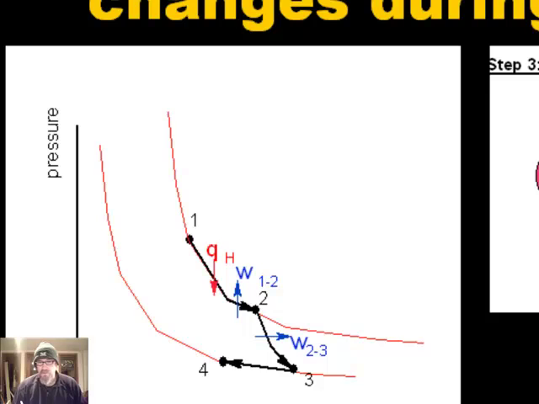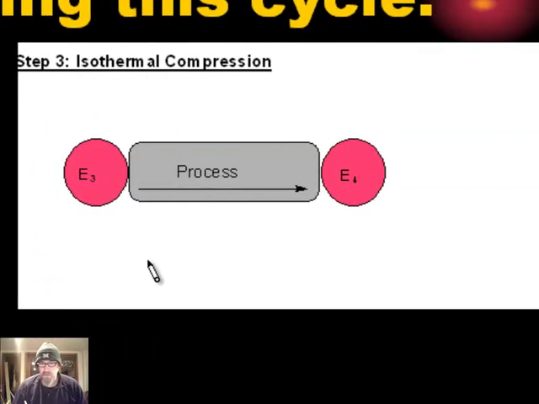Well, the next step is an isothermal compression. In an isothermal compression, work is done on the gas, so that means we have a work input to the system, but Q has to be lost in an equal amount, and this is Q low. This is the loss to the low temperature heat sink. So this is work 3, 4, because it's work from step 3 to step 4.